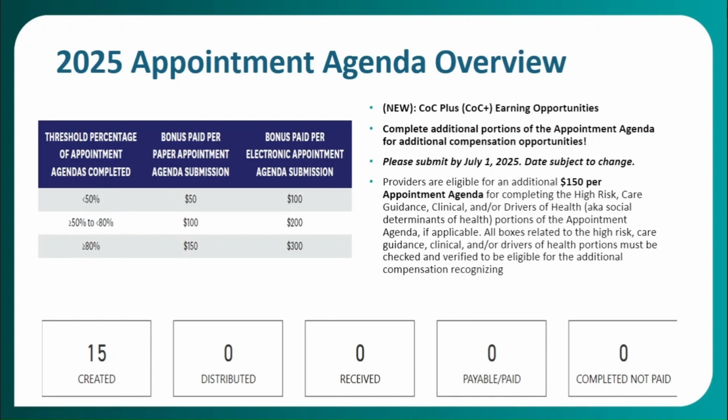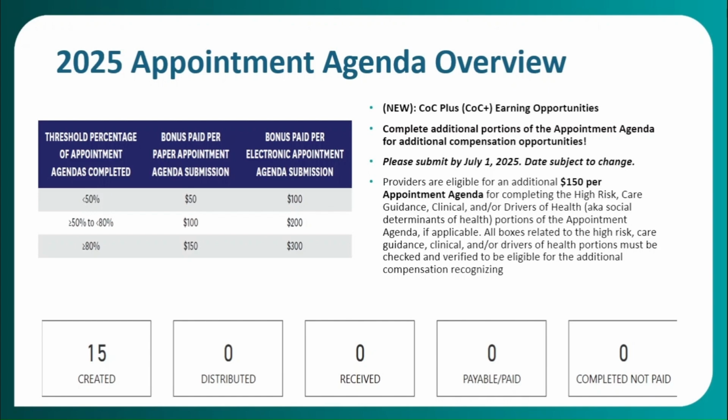So let's discuss what this means, right? So if your practice electronically submits more than 80% of the completed agendas, then they will get $300 per agenda, right? And if they also completed additional sections like health risk conditions, care guidance, etc., then they receive an additional $150, okay?